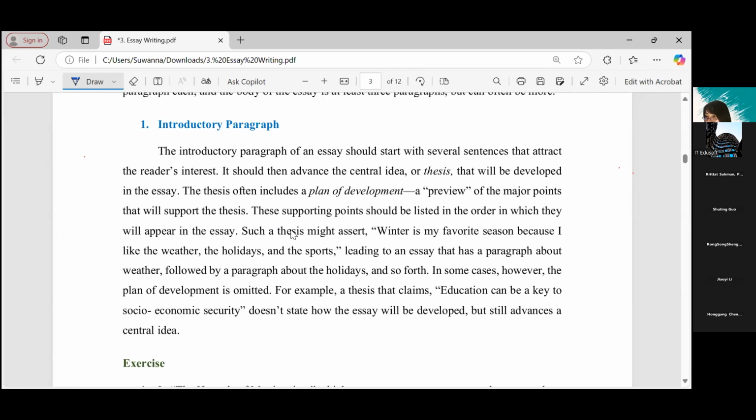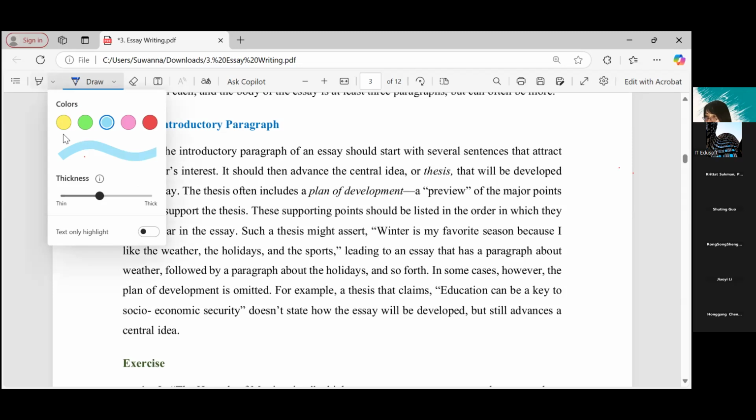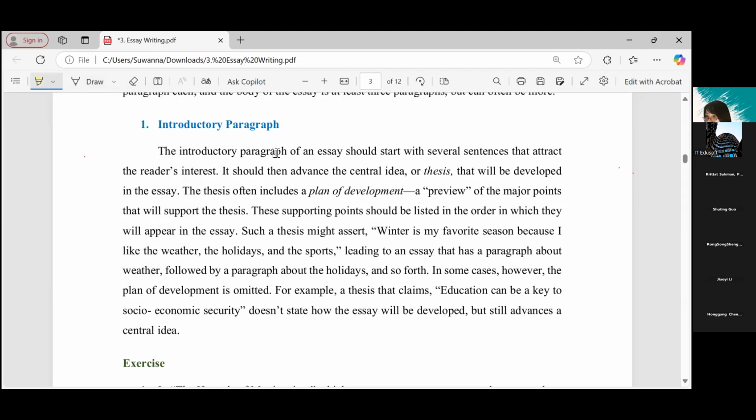It's like a first impression you give to your reader. So it is very crucial here. Like I state here, introductory paragraphs start with several sentences that attract the reader's interest, right?